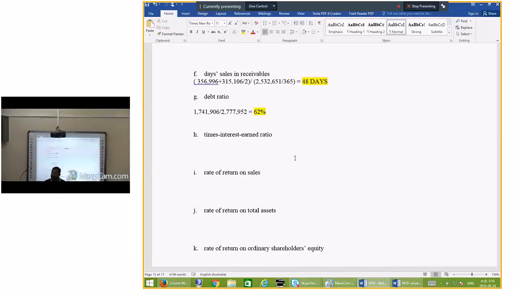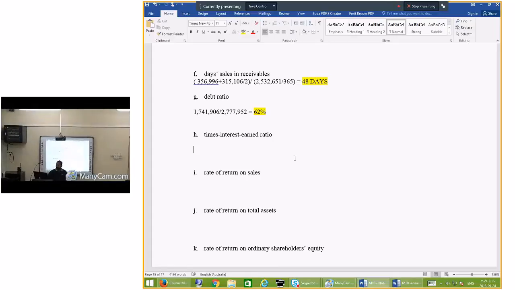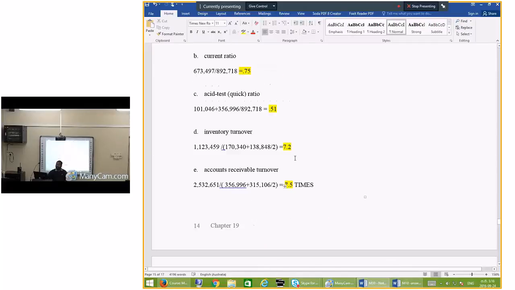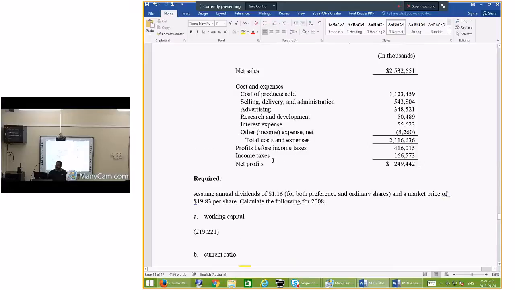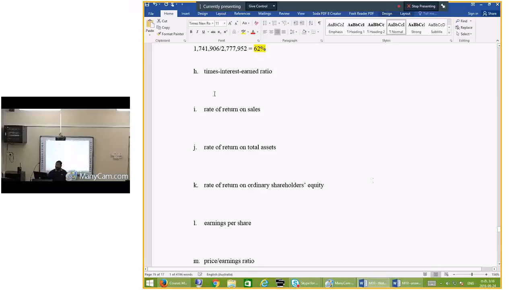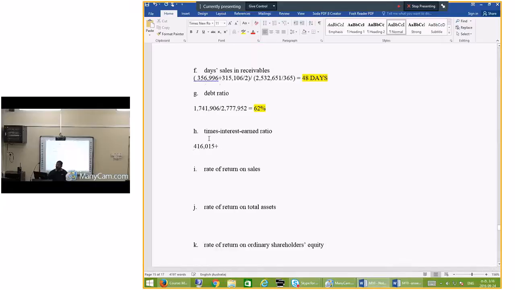Times interest earned ratio: profit before interest divided by interest expense. Profit before interest means the profit after interest, 416,015, plus the interest expense.